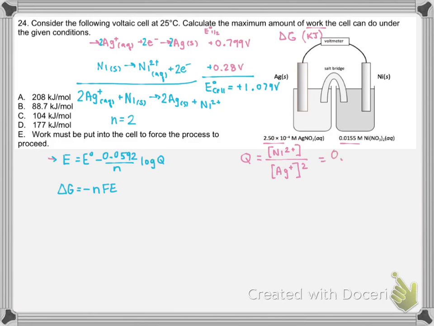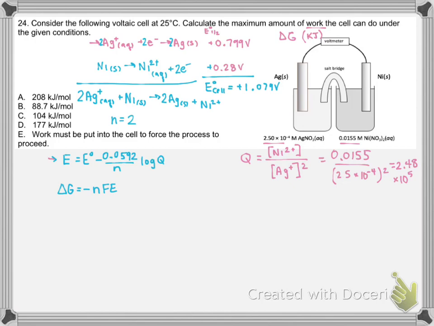So we'll have 0.0155 divided by 2.5 times 10 to the minus 4th squared. And we end up with a Q of 2.48 times 10 to the 5th.